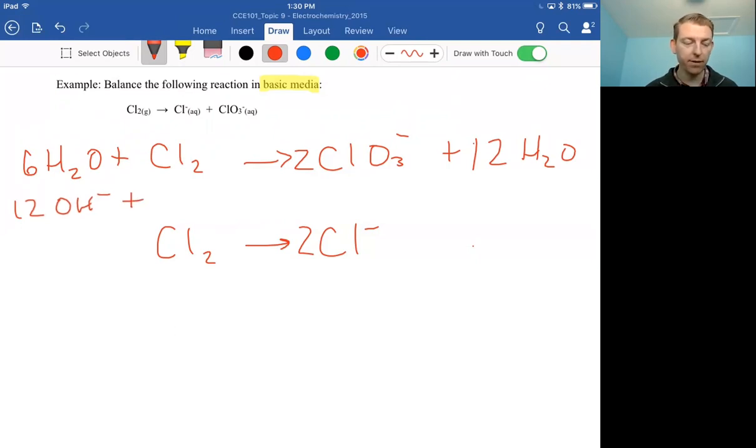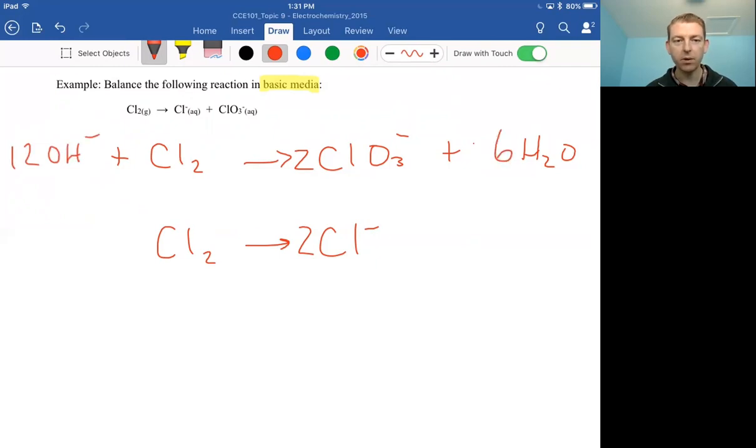At this point, or we can do it later on, there's no need to have 6 water on one side and 12 on the other. We can just cancel out the water on the reactant side. Let's move our hydroxide up into that row to make it a little more clear. So we have 12 hydroxides, and we only need 6 over here now. You can leave it as having 6 waters on the reactant and 12 on the product, but at the end of the day, we're just going to cancel them out anyway. This is just cleaning it up a little as we go along.